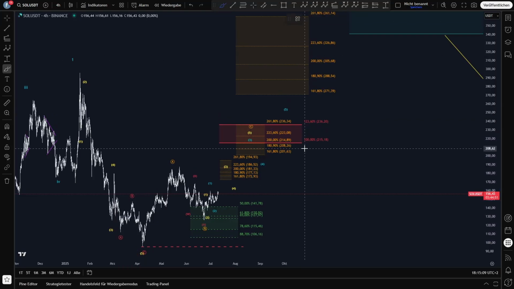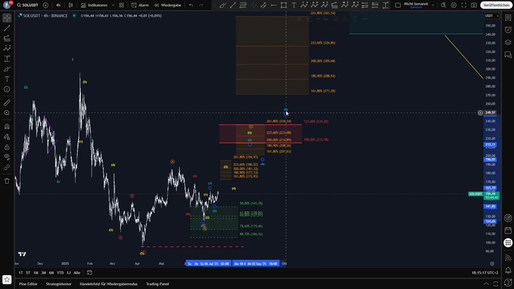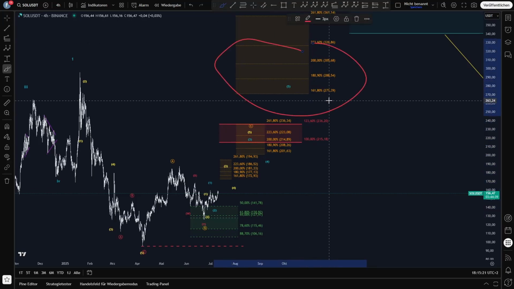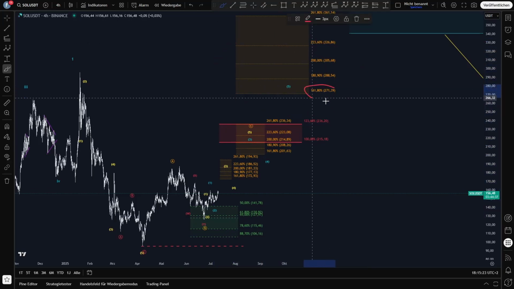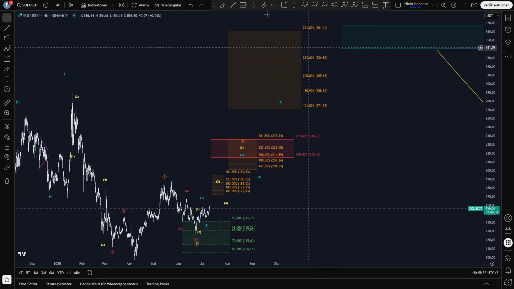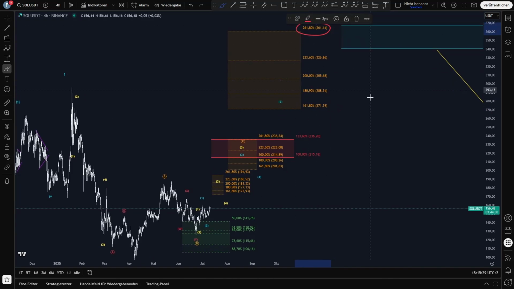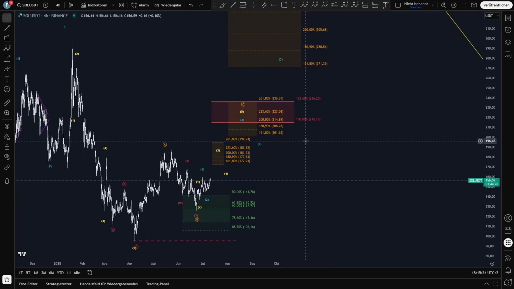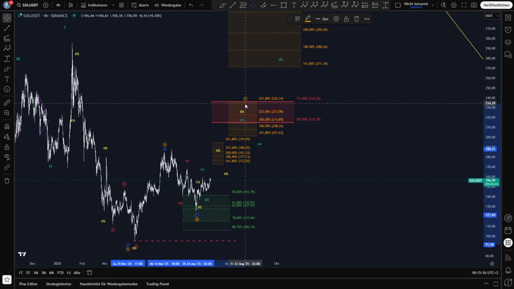Like I said, the ideal target is the 100% level, but we can also go higher. And in the second case, we could go in this target area here in orange, starting with the 161% level at $271, extending to the 261% level at $361. So those are the two options in this wave C.